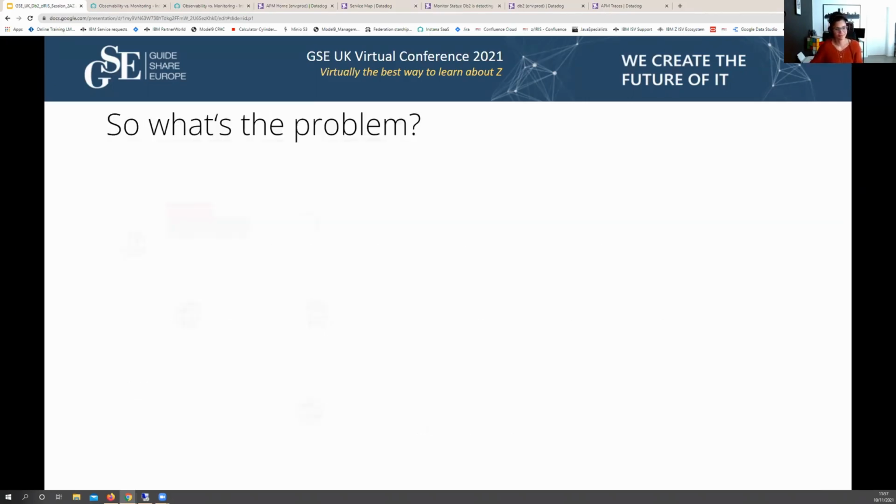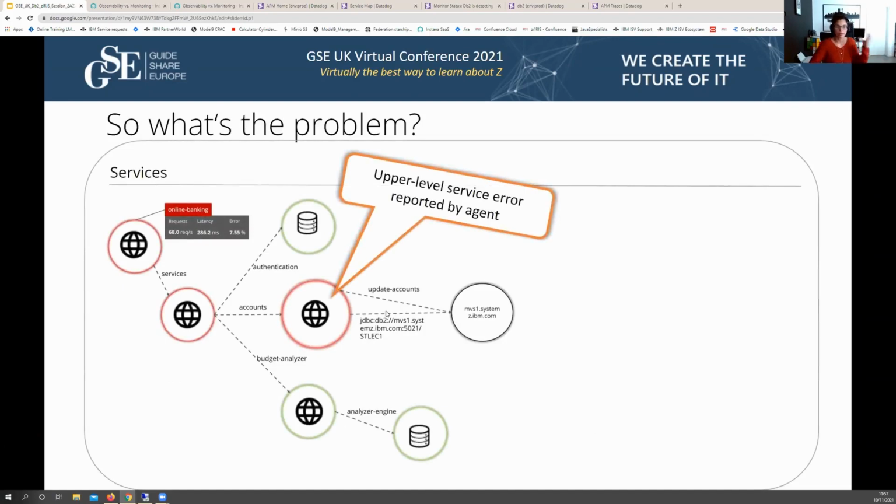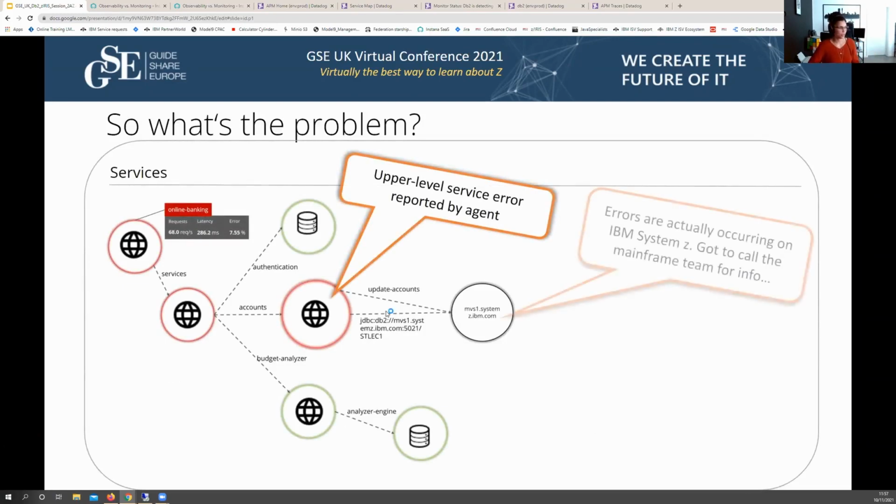What do I mean? I mean, it looks something like this. I've just painted this. This is a screenshot, just trying to explain the problem. We have upper level service errors. As a DevOps member or a team, an engineer, I would be able to click into each of these components that I've got shown here. I could click on the services, the databases, etc., and drill down to issues.